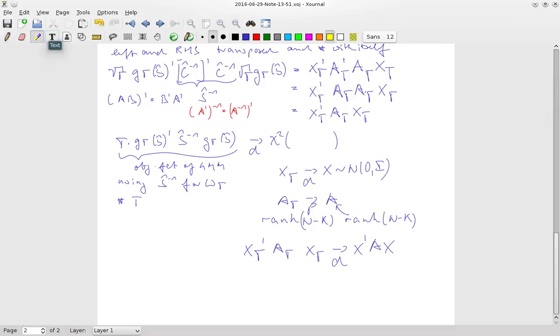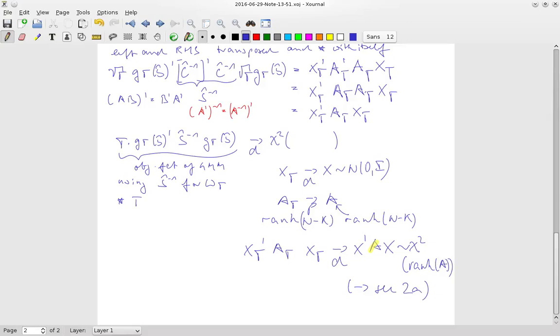X is a vector of standard normally distributed and independent normal variables, and A is an idempotent matrix. And from result 2A in the script and also in the proof in the video, I know what the distribution of that thing is. That's a chi-square, and the degrees of freedom is equal to the rank of the matrix A. Right? See result 2A in the script and the associated video. This is precisely what we've discussed here.